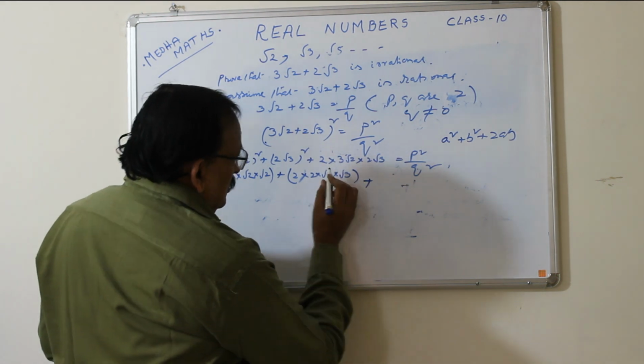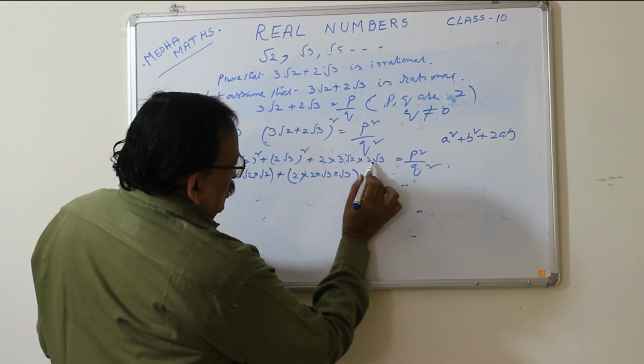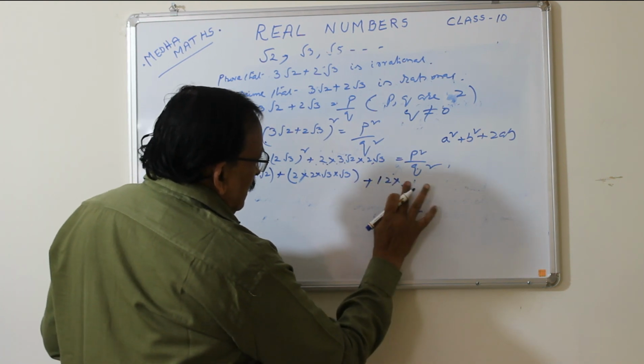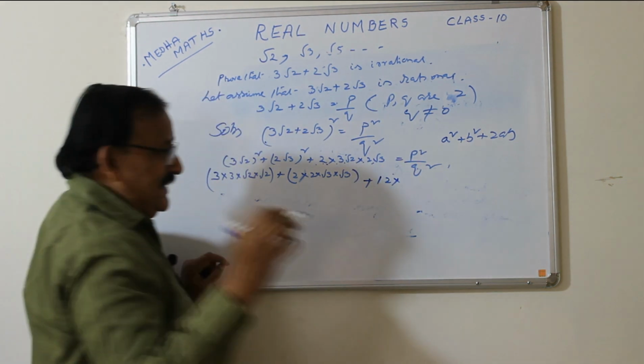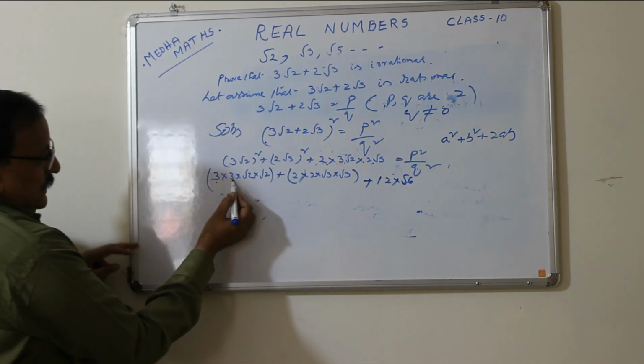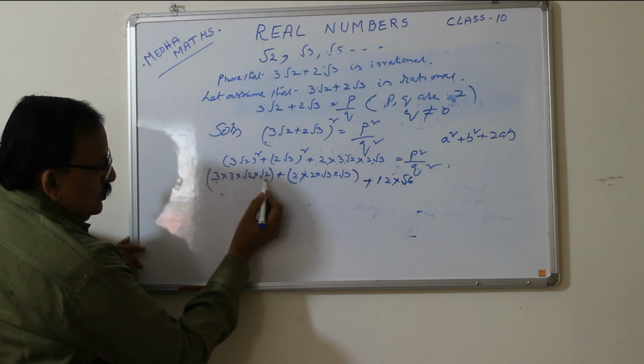Then plus 2 into 3 into 2, that is 2 into 3 into 2, 2 times 3 is 12, into what is √2 into √3? √6.